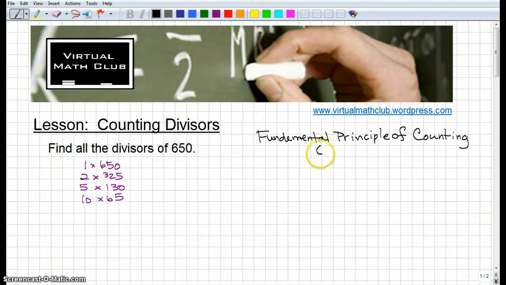You might know it as the product rule. And what it says is pretty basic. It basically says if you have, let's say, n ways of doing one thing and m ways of doing another thing, then you can just multiply n times m to get the number of ways to do the combination of the two things.